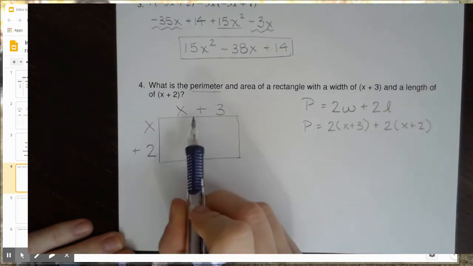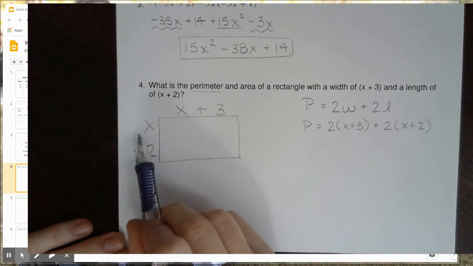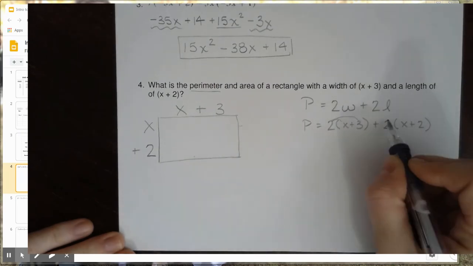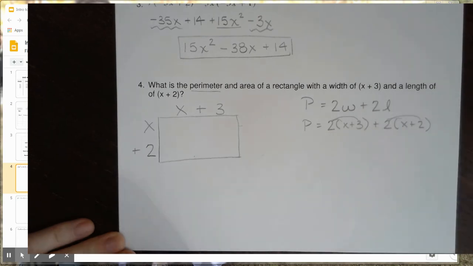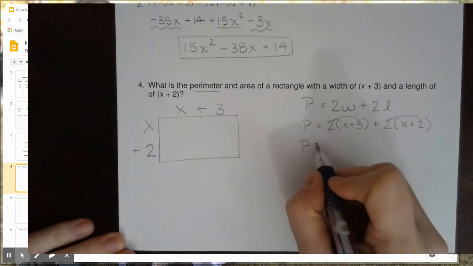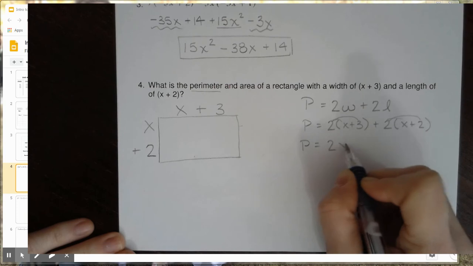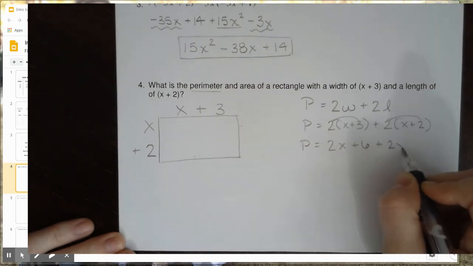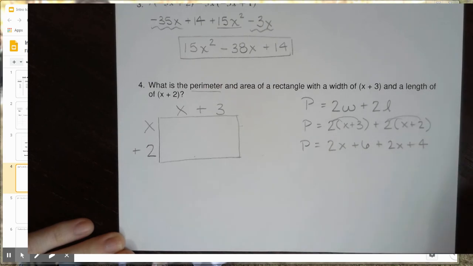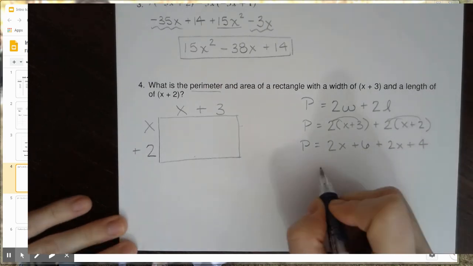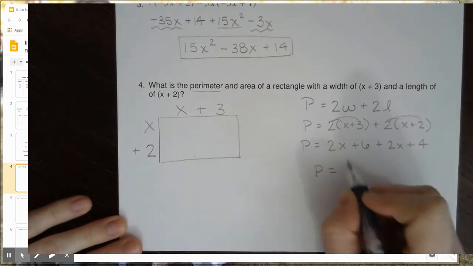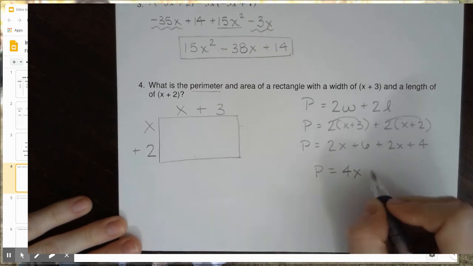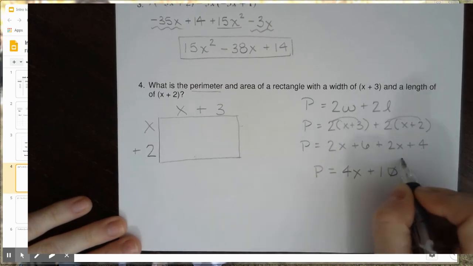And that's because I have 2 of these measurements and 2 of those measurements. I'm going to distribute the 2s to both parentheses that we have. So it's 2x plus 6 plus 2x plus 4. Combining like terms gives me a perimeter of 2x and 2x makes 4x, 6 and 4 makes 10.